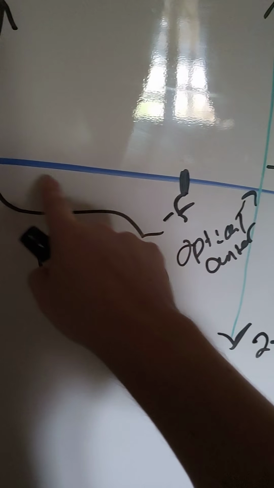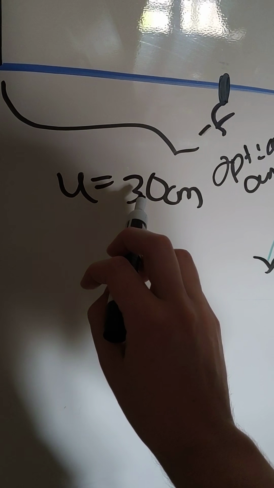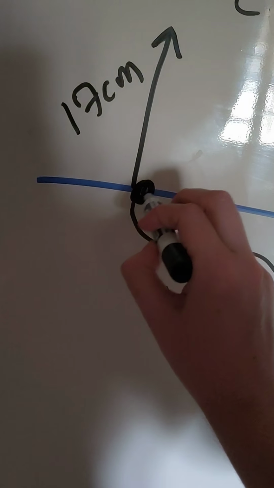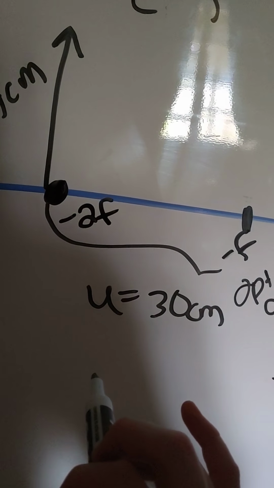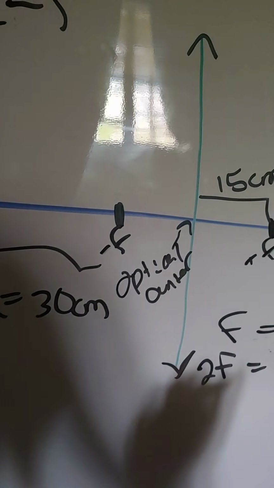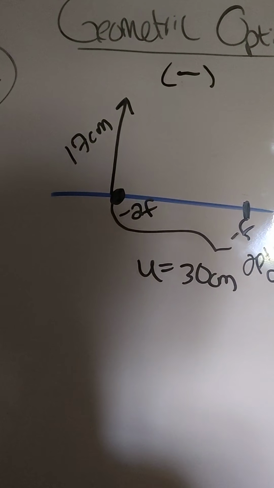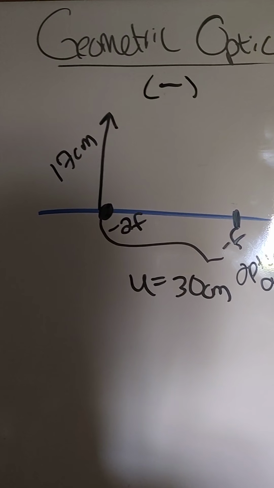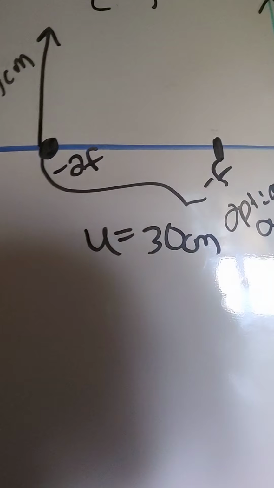This is 15, so since we know that the object distance is 30, the object is at the minus 2f point on our picture. The more we do these, the more you'll start noticing as you make these graphs what numbers relate to where.